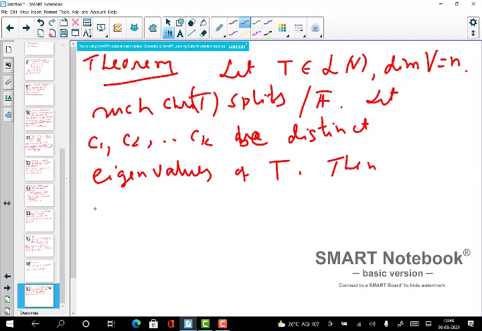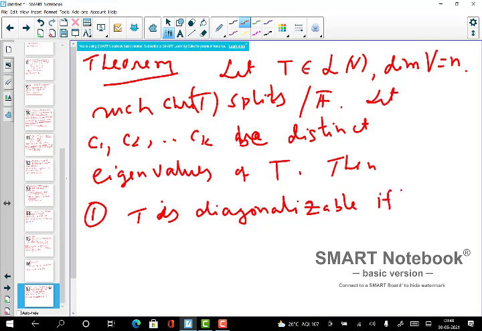There are two things that happen. So number one, you can say that T is diagonalizable if and only if the algebraic multiplicity is the same as the geometric multiplicity.